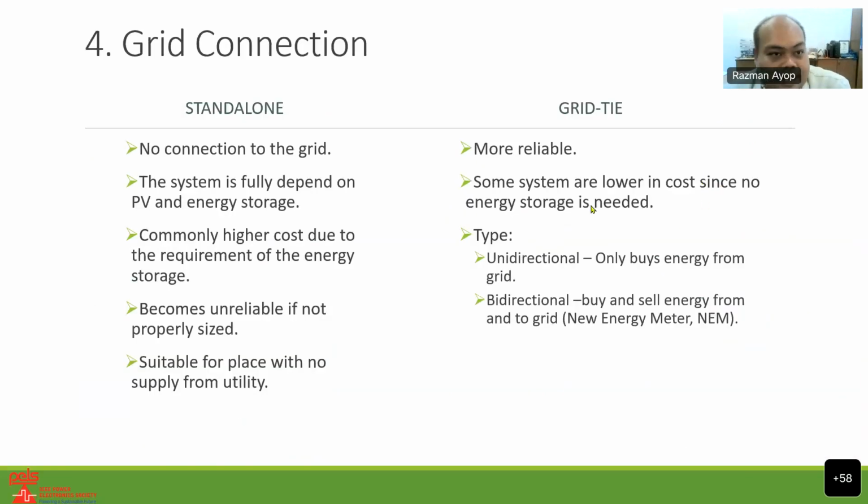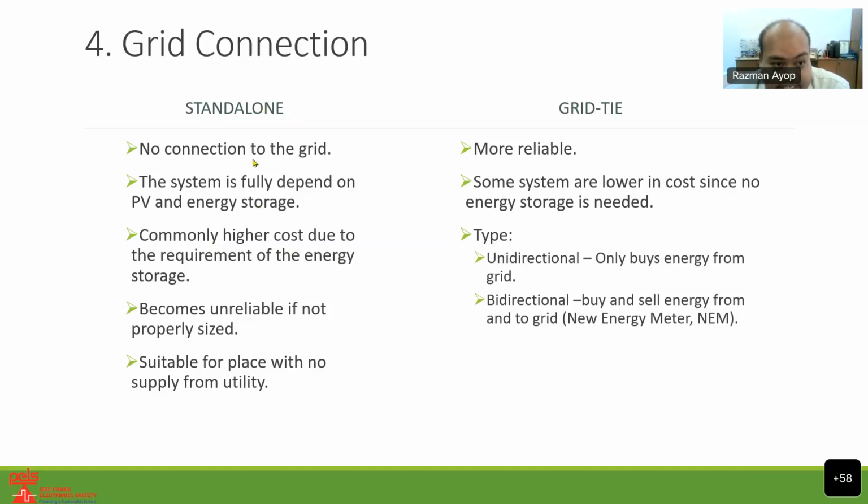Grid connection. When it comes to a PV system, you can choose either of two systems, standalone or grid type. Basically, standalone means you do not connect to the grid, and the PV system fully depends on the PV and energy storage. So with a standalone system, of course you need energy storage, because PV only produces power during the day and at night you need energy storage. That is the limitation of a standalone system, and it actually costs higher because you need to buy the energy storage.